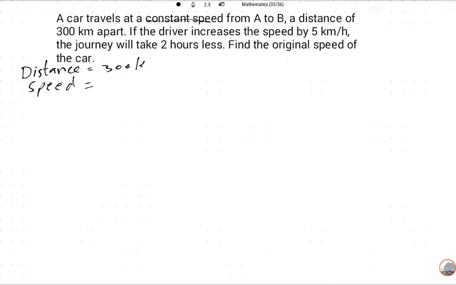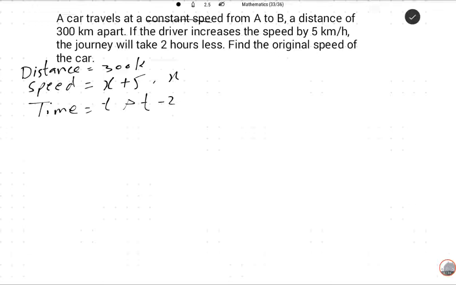Increased by 5, it means the speed is x plus 5. Time is also given, it is t and t minus 2. So this is x and x plus 5.